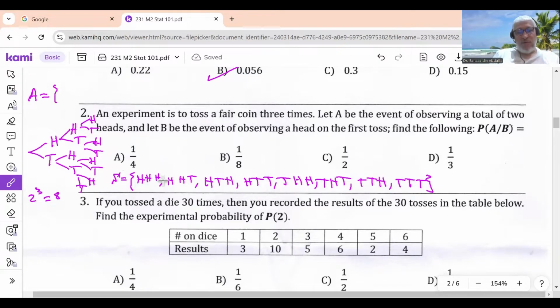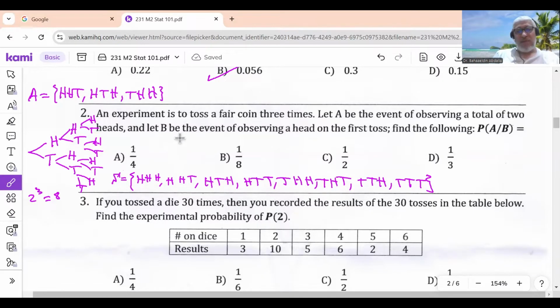Every time you have 3 coins, so here we have 3 heads. No, he says total of 2. Here we have 2. So actually, you will find that HHT, HTH, and THH are the only outcomes with 2 heads.